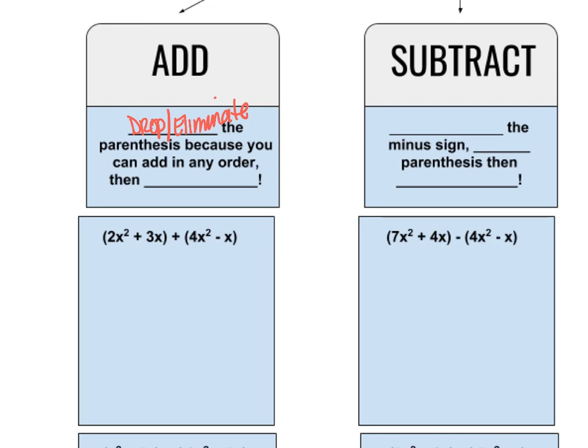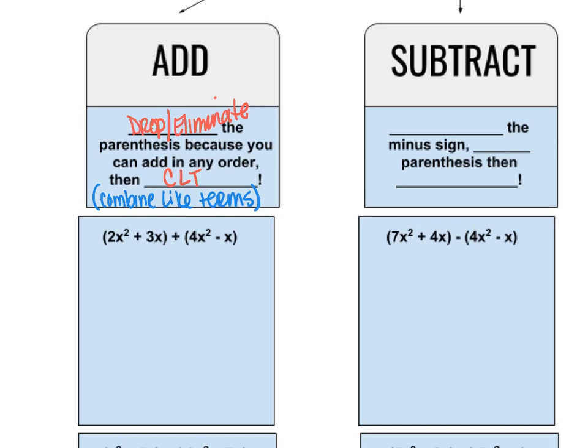Once we drop the parentheses, we are going to combine like terms. So CLT stands for combine like terms. Okay, so let's look at this first situation that we have here.